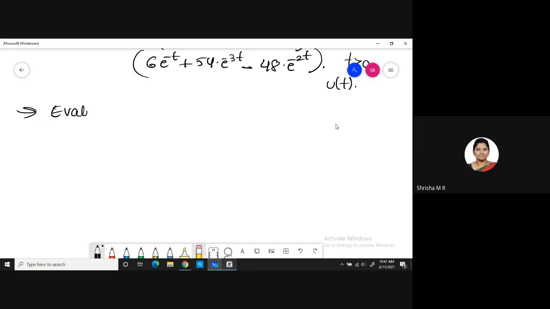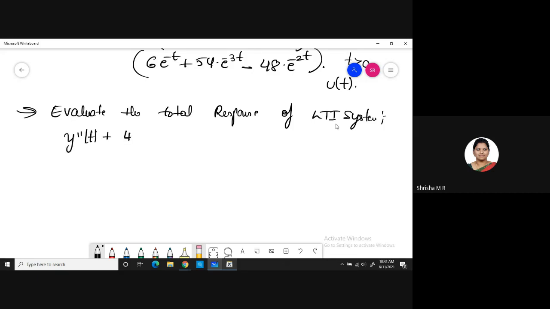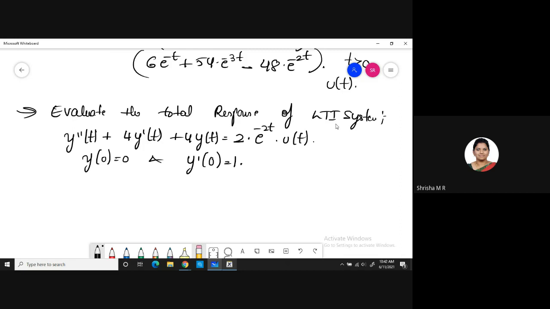So evaluate the total response of the LTI system described by the differential equation y double dash of t plus 4 y dash of t plus 4 y of t is equal to 2 into e power minus 2t into u of t. Initial conditions are y of 0 is equal to 0 and y dash of 0 is equal to 1.